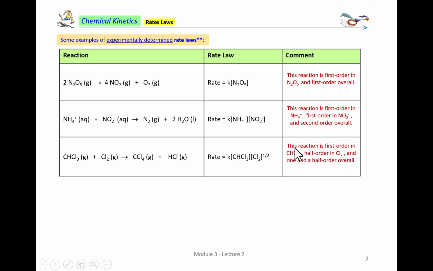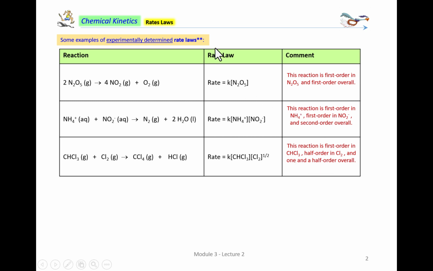So we'd say this reaction is first order in chloroform, half order in chlorine, and 1.5 order overall. Because remember, the overall reaction order is simply the sum of the exponents on these reactant concentrations. 1 plus a half would be 1.5.